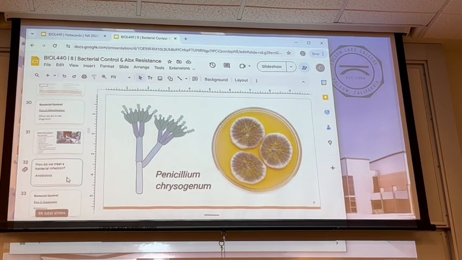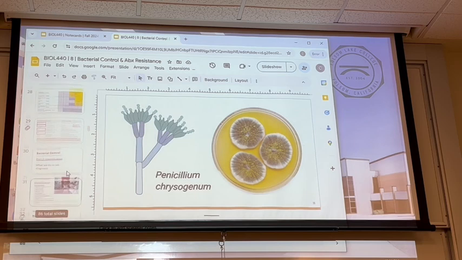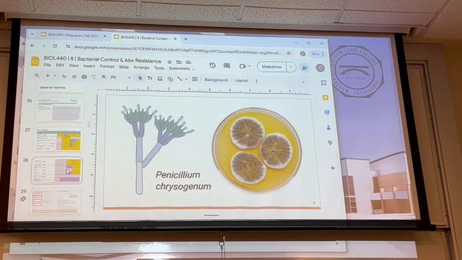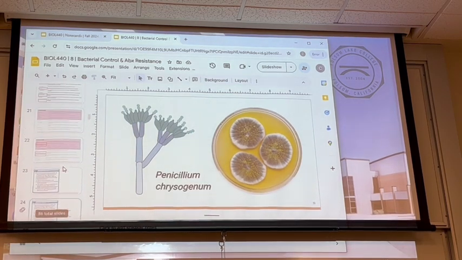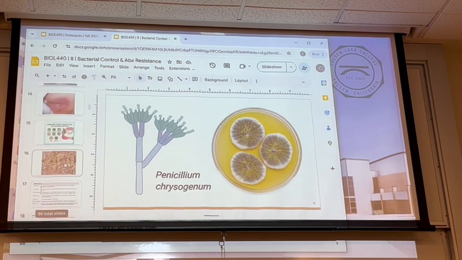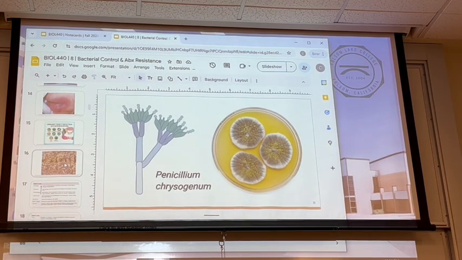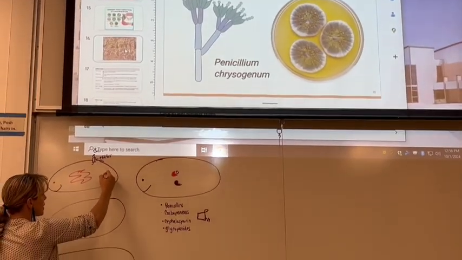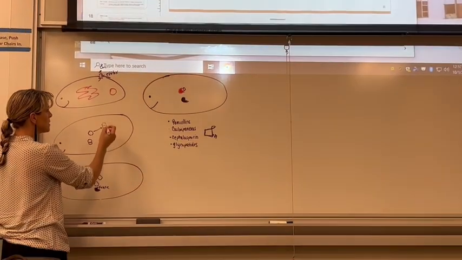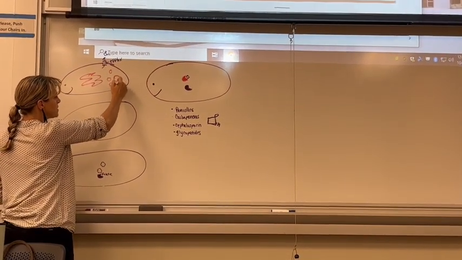Do you want me to go over that again? Oh yeah, that was in your book, the R factor. There's the bacterial chromosome here, and then there's a plasmid, or many plasmids.